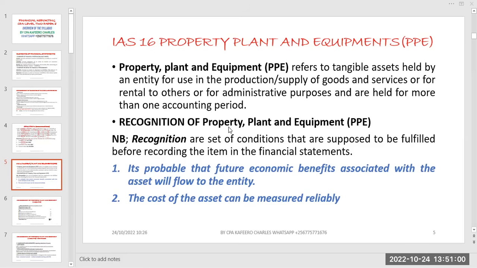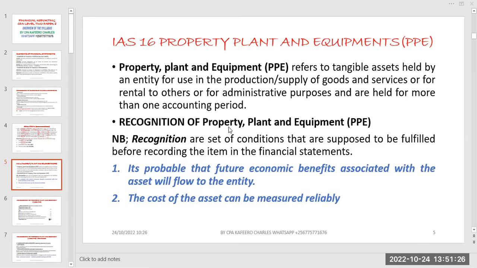Remember, when you are preparing financial statements from financial accounting, we only record monetary items, items that can be attached a value. Those are the ones we incorporate in our financial statements. So basically, there are two scenarios. If you satisfy those, then you recognize those assets.